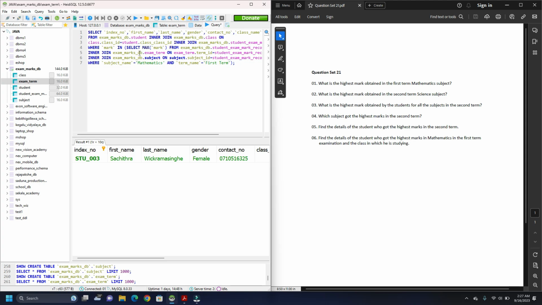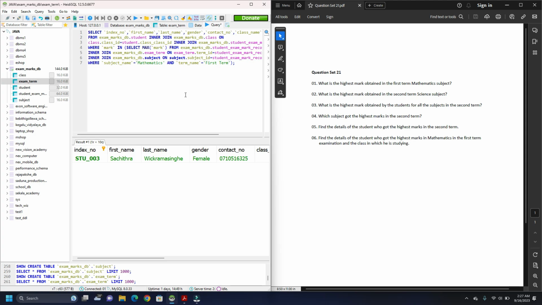So in this subquery, the highest mark is taken from the student exam mark record table, and that student exam mark record table is inner joined with exam term table and the subject table to get the subject name and the term name.